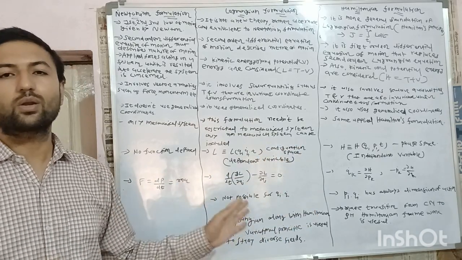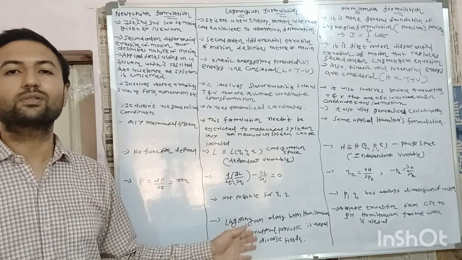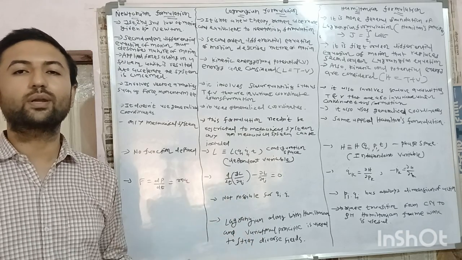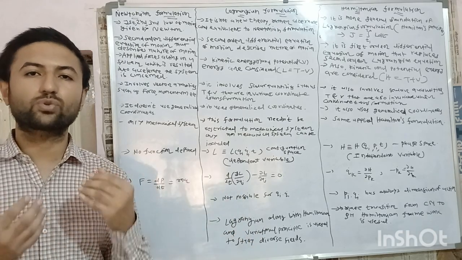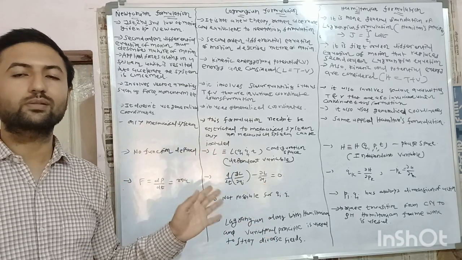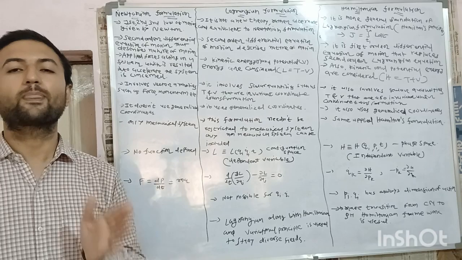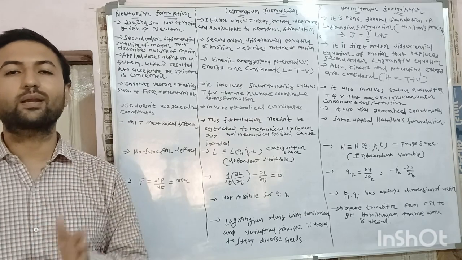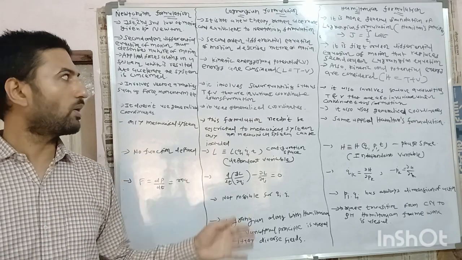While the Lagrangian along with the Hamiltonian and the variational principle is used to study diverse fields like the study of the Schrodinger equation.